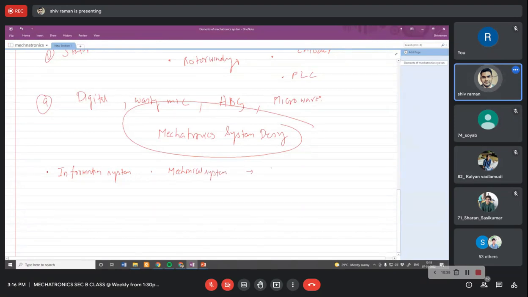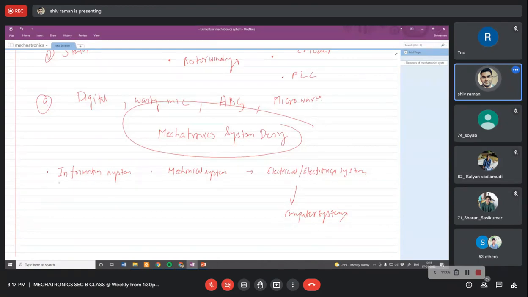Third is your electrical or electronic system. And finally, you have a computer system. Okay, so these four components as a whole make a typical mechatronic system.